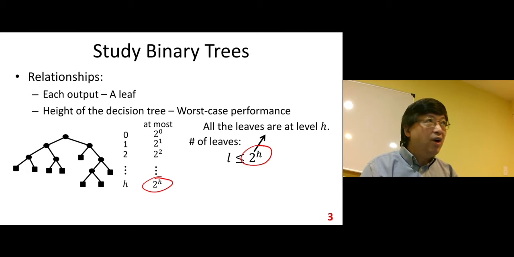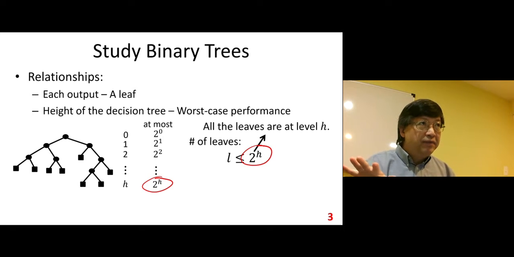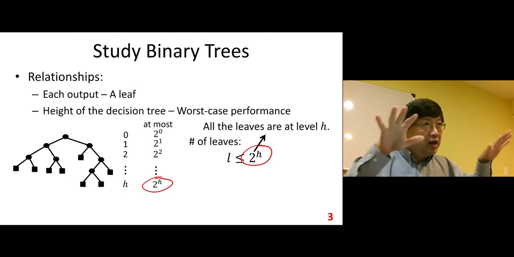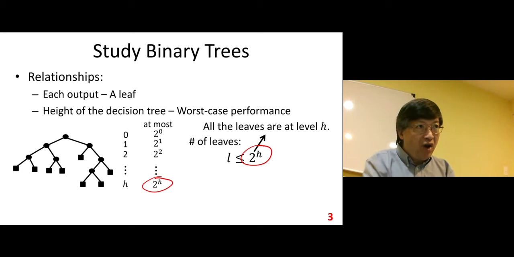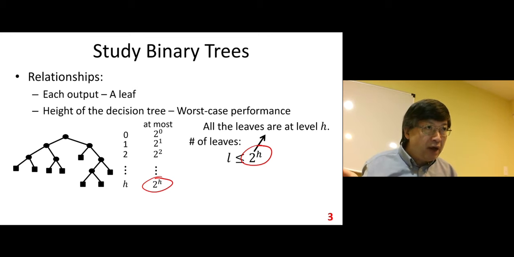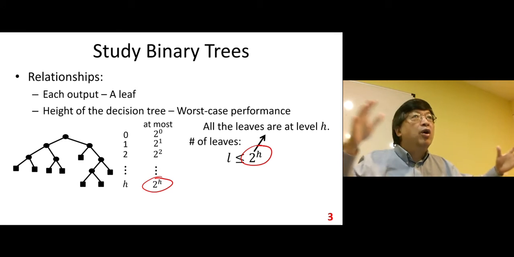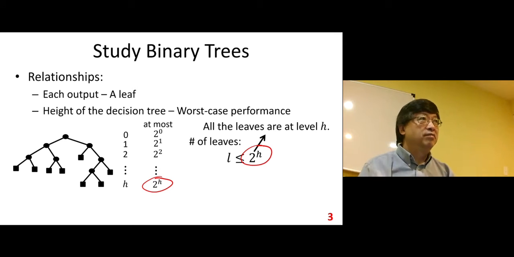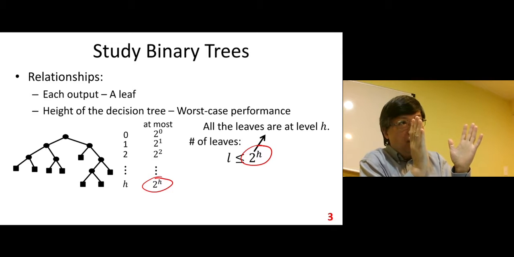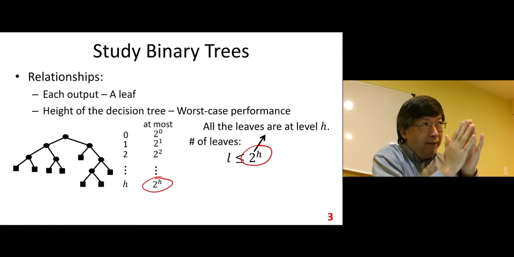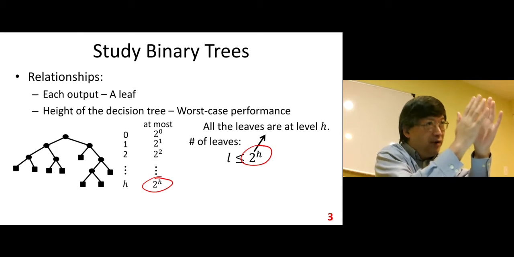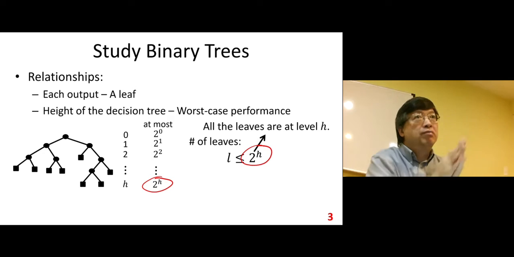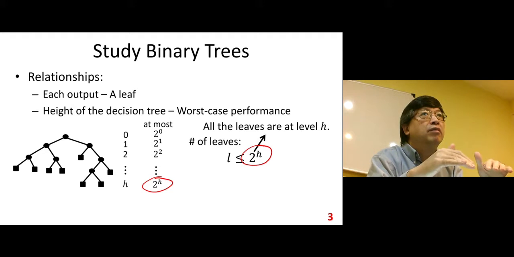Not necessarily all the leaves are at level H; they could be at higher levels. But when you go from the lowest level H to a higher level, you reduce the number of leaves, because 2 leaf nodes merge into 1. When you merge 2, you reduce the total number of leaf nodes.